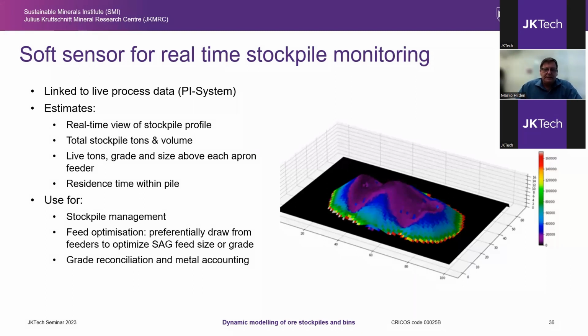And as shown earlier, we can estimate a real-time view of the surface profile and level at any point on the pile, total and live tons, tons, size and grade above each of the apron feeders, and residence time, such as you can see in this plot. And we can use this information for stockpile management, for process control, for example, optimizing SAG feed, and potentially for metal accounting and grade reconciliation without having to assume that the entire stockpile is one average grade.